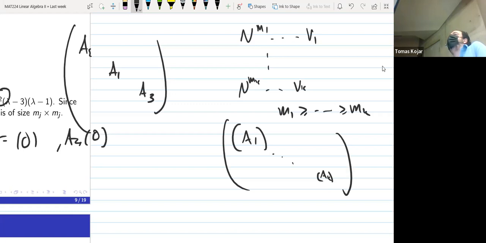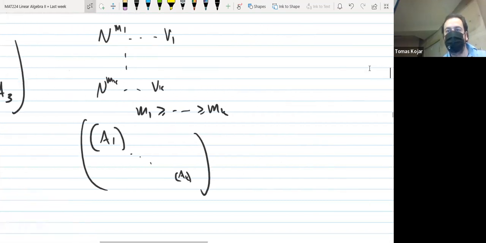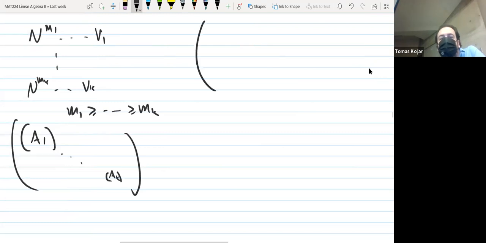Each block corresponds to a nilpotent map. So you should see this as a fractal. So each of them has its own nilpotent map. And it doesn't matter how you order them. Okay, we'll do examples to see what I mean, but the point is, I might as well do it here. So you could have, let me do something stupid, 3, 3, 1.